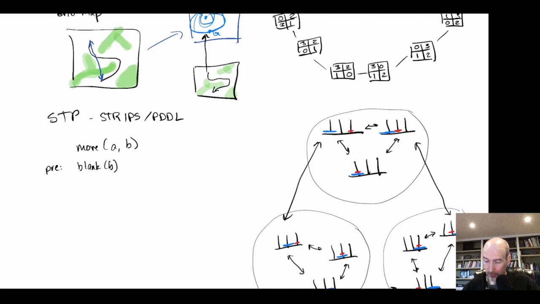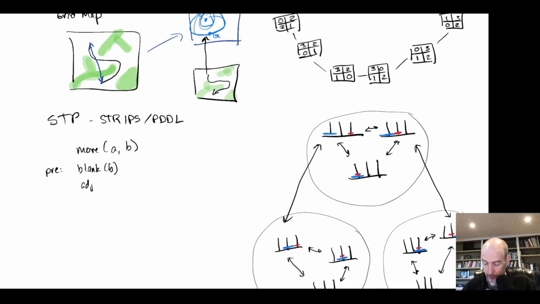But I'm also, for instance, here going to say B is blank, and adjacent A, B. Okay, so this says I can move things if they're adjacent. This automatically gives me the fact that they're not exactly the same thing, because two things that are the same location won't both be adjacent. Okay, so this gives me an idea of moving.